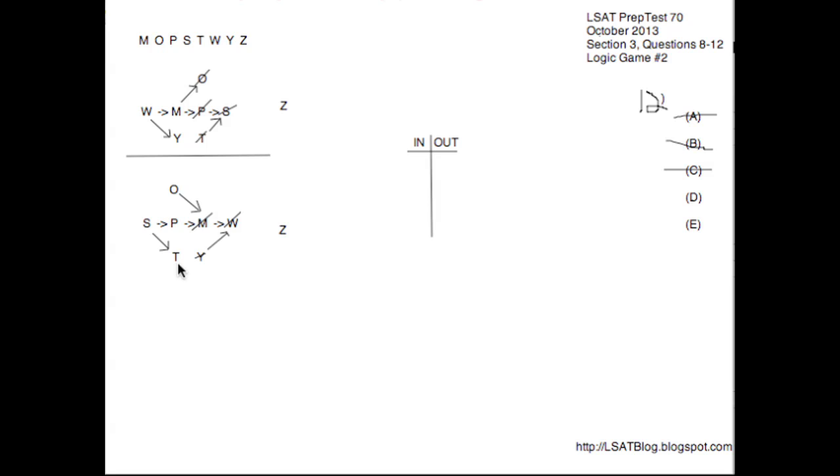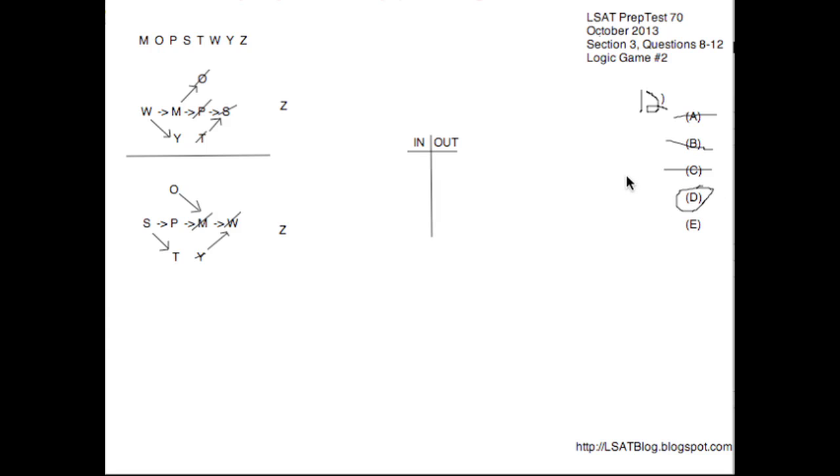So if we try to avoid that, we have like T, O, Z. We only have 3. We'd have to have something like Y. But again, we're not allowed to have Y. If we go on the other diagram and look at W, if we have W, we're going to have M and Y. If we try to just have M, and then we have Z, that's only 2. So no matter what, we cannot avoid having one of T or Y. So D is our answer for 12.